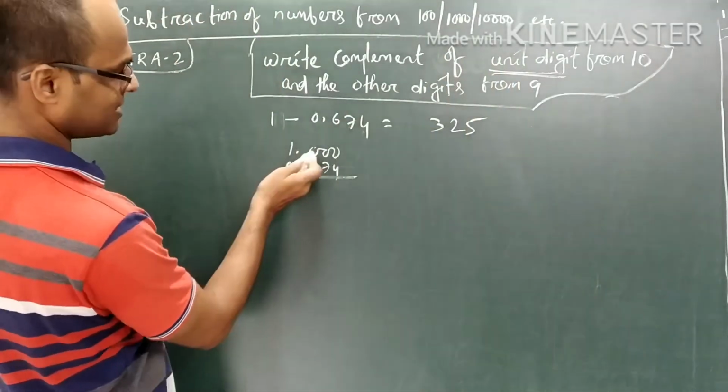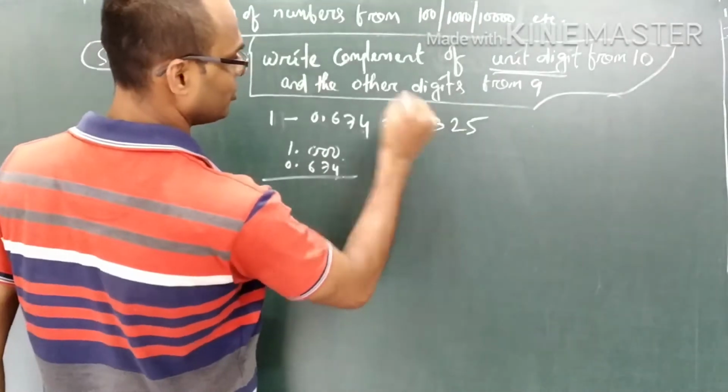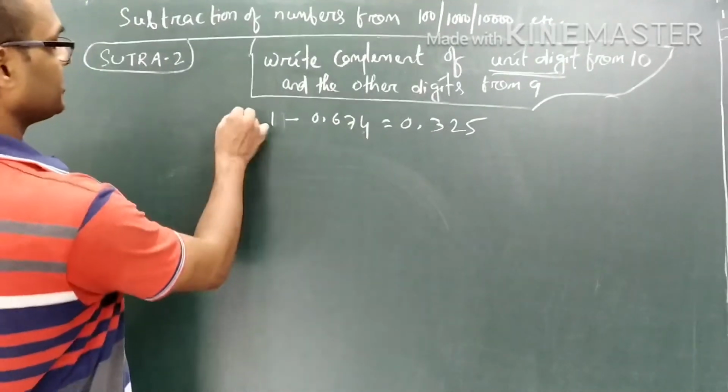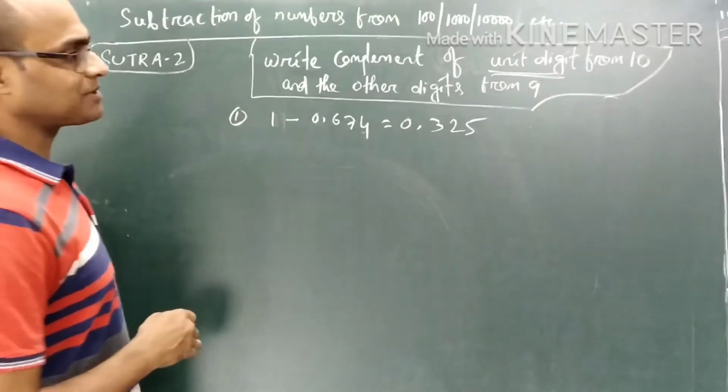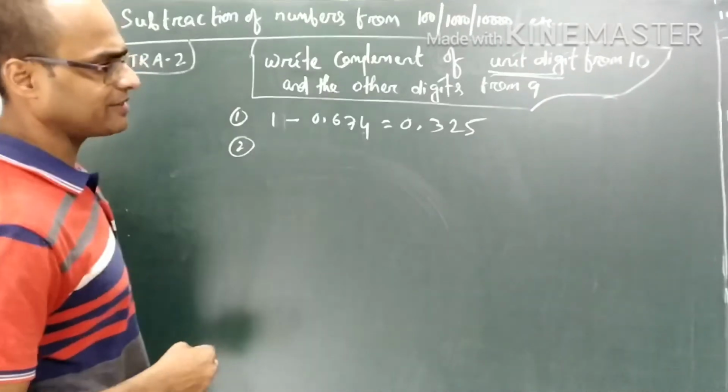This is the answer, and since 3 digits are here after the decimal, we put it like this. Here we are using the concept which will be more beneficial to us.